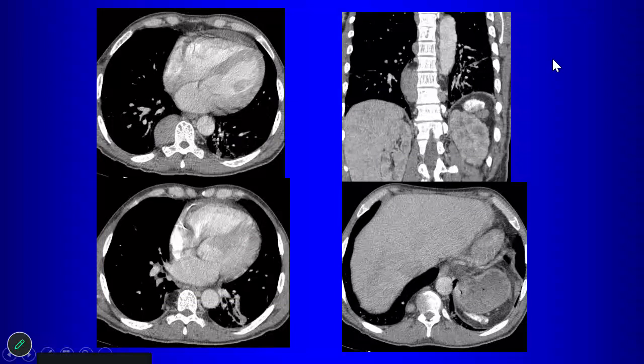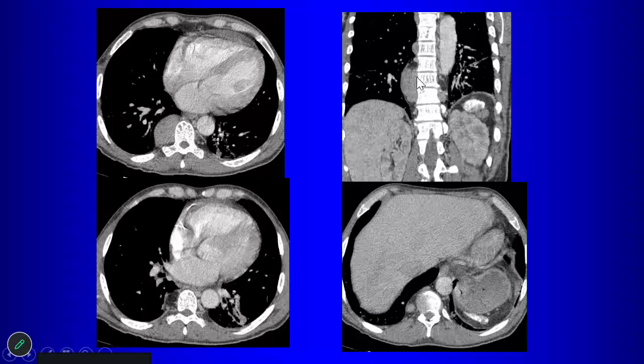So do we think this is neurofibromatosis, or do we think it's something else? Something else. What's the something else? Why do you say that? Small. Yeah, so you have a small calcified spleen. So what's this patient's underlying disease? Sickle cell. This is a patient with sickle cell disease.